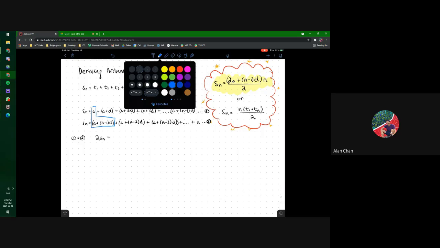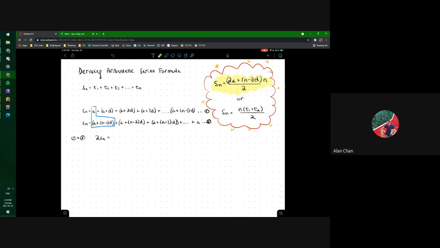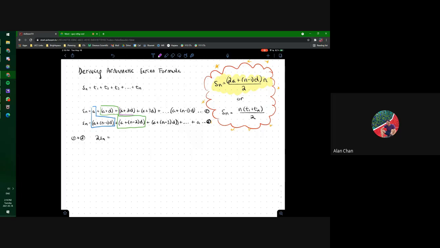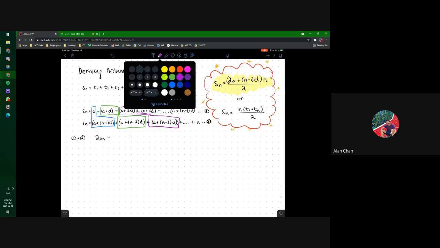And then we're going to add these two together, so the second term and the second last term. This is getting messy. And then we're going to add the third term and the third last term. And again, you're like, what the heck is going on, Chan? Don't worry, this will make sense, I hope.